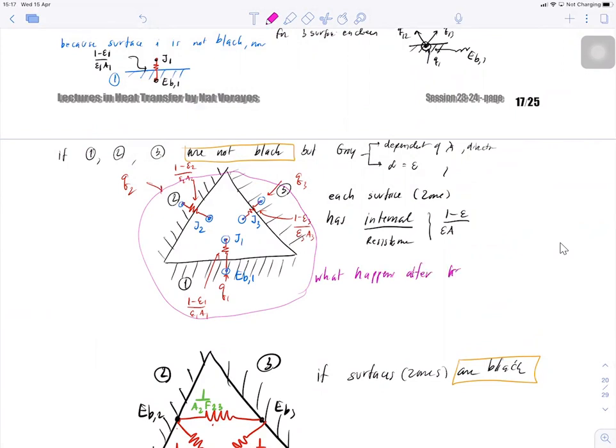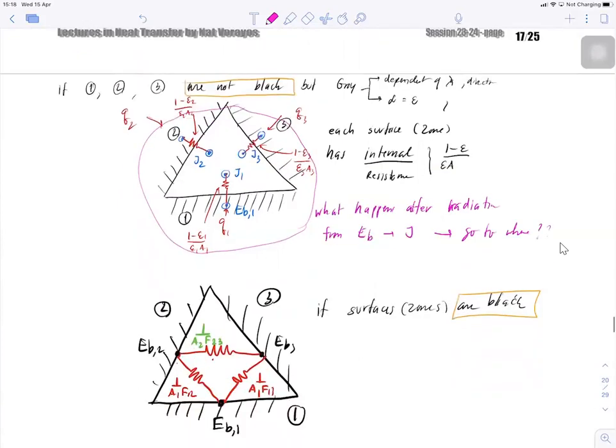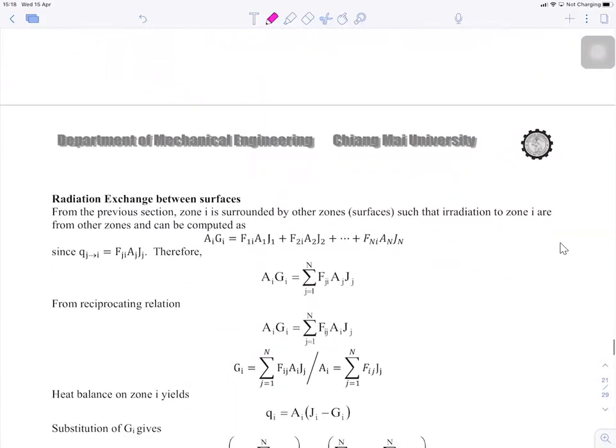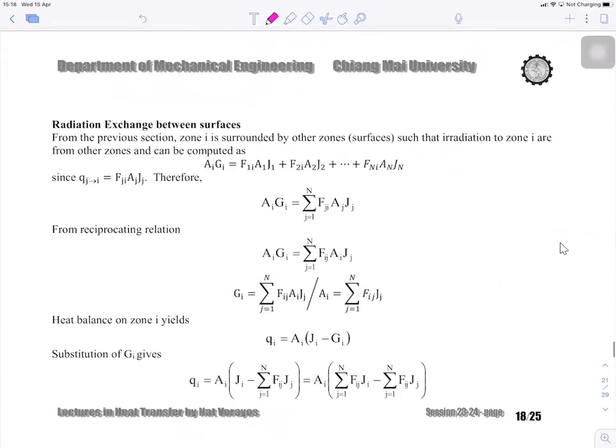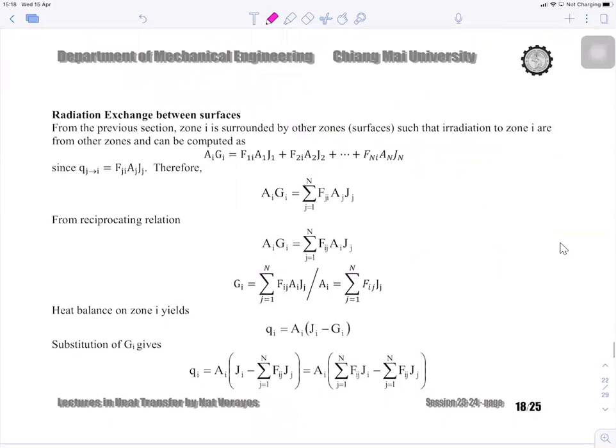After radiation from EB goes to J, where does it go? Okay, now we're going to see. We're going to talk about radiation between surfaces.